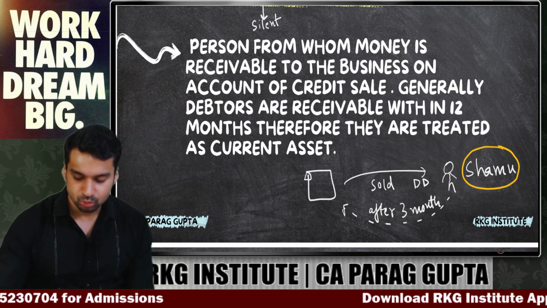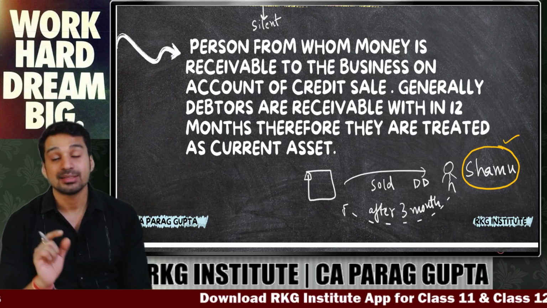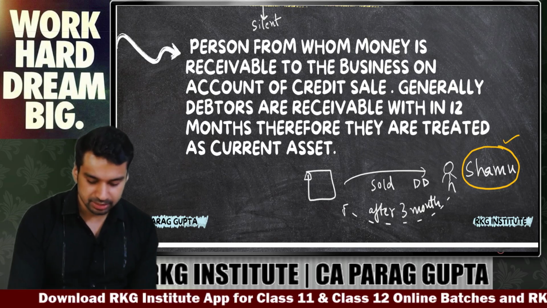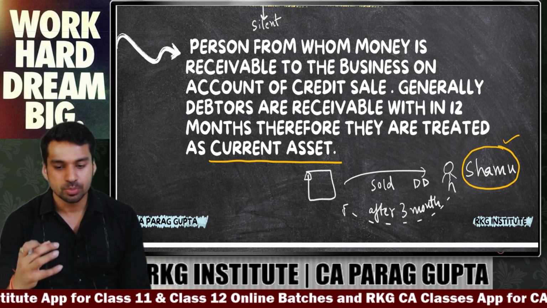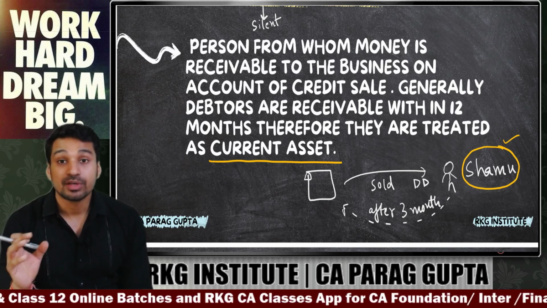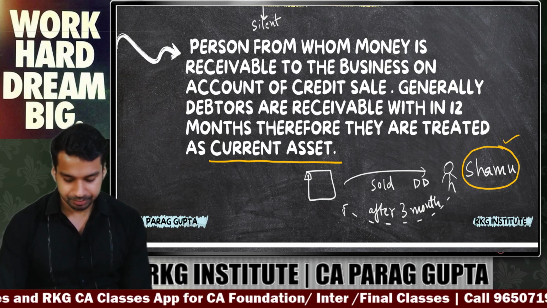I will call Shamu debtor. And generally these Shamu are considered as current assets. What are current assets? We will be studying very soon, but these are considered as current assets. So debtors are the persons to whom the amount is receivable within 12 months on account of credit sales, because you have sold the goods to Shamu on credit.